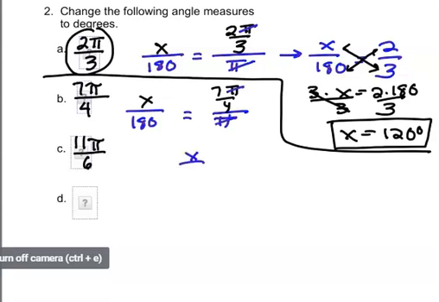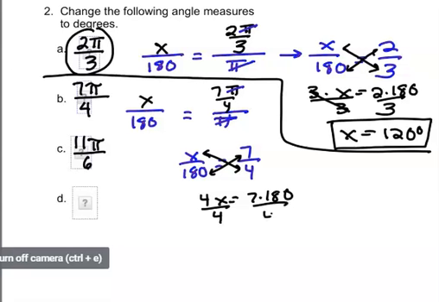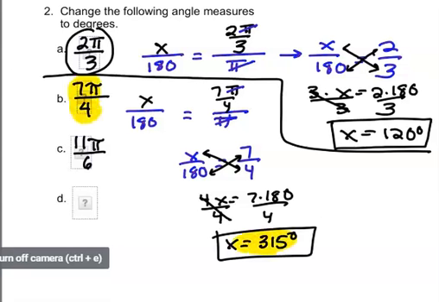So we're left with x over 180 equals 7 over 4. And then we cross multiply. X times 4 is 4x, 7 times 180. We'll divide both sides by 4. And we should get 7 times 180 divided by 4 is 315. So 7 pi over 4 is equivalent to 315.